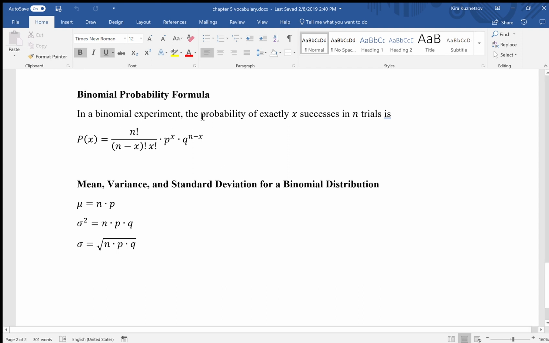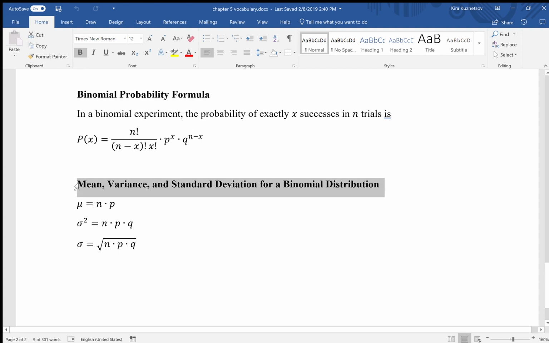And we did find that there is a relationship between a binomial probability formula and choosing numbers. And this formula is programmed into your calculator. I will show you how to use this in the last videos.